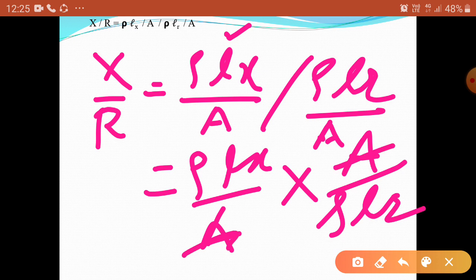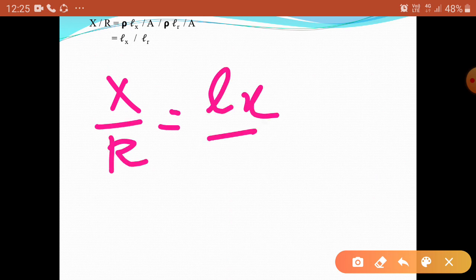Here A gets cancelled, rho gets cancelled. We get the equation in this way: X upon R is equal to Lx upon Lr.